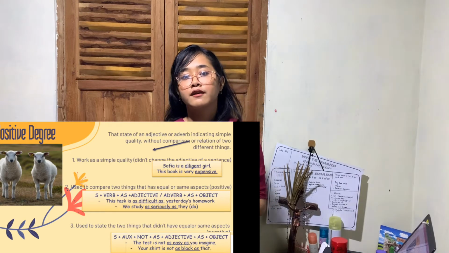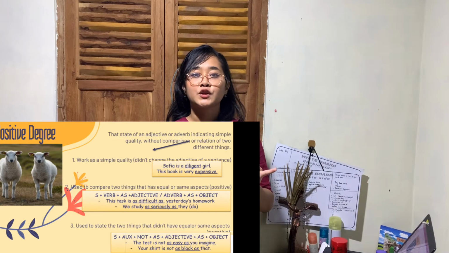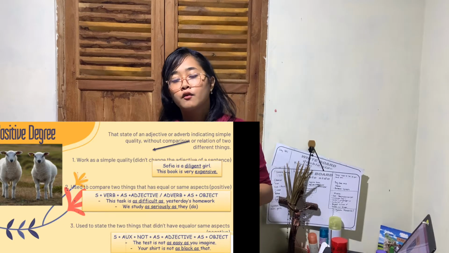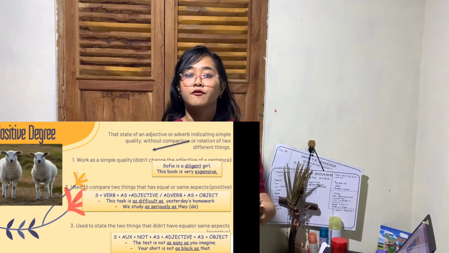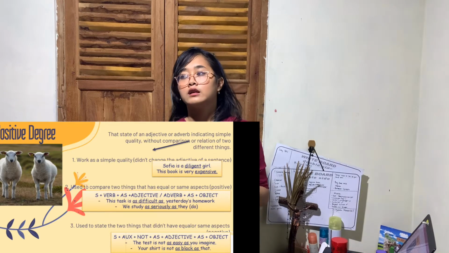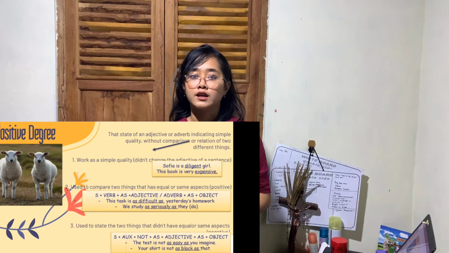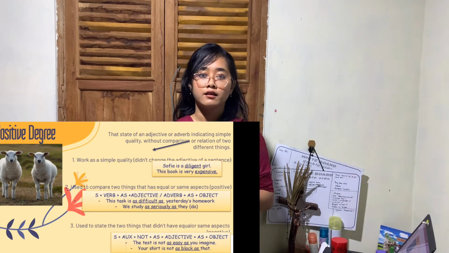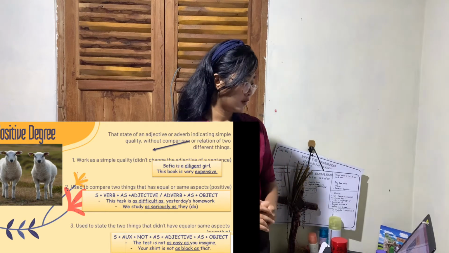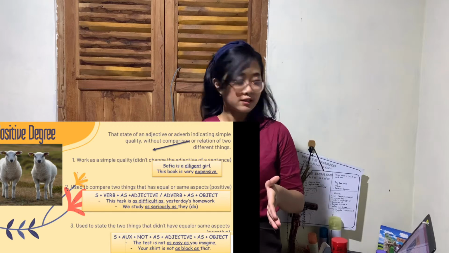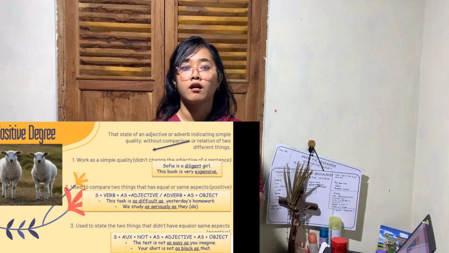Actually, in the slide, I've given you the structure. So when it comes to the second function, we change the basic form of the adjective into the positive degree by adding as before and after the adjective or adverb. Like this: this task is as difficult as yesterday's homework.